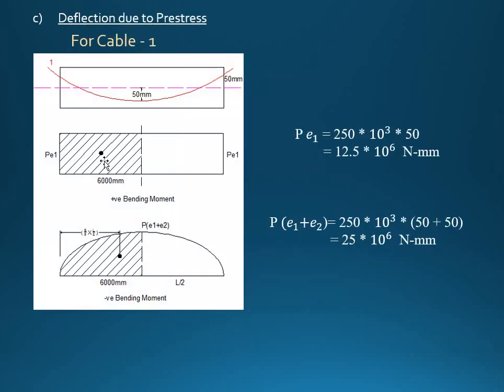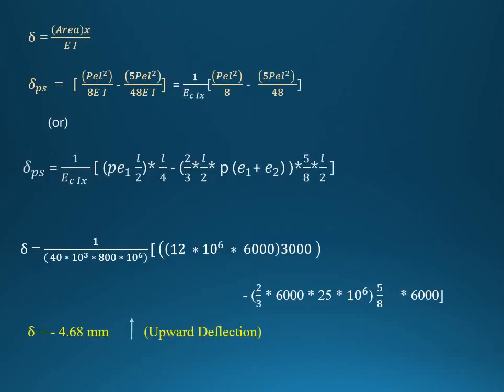How did I get this L by 4? Keep one thing in mind, always: the centroidal distance should be measured from the support to the center. If we measure from the support to the center, the length of this hatched portion is L by 2. Half of that will be L by 4. So area into L by 4, minus the area of the parabola.